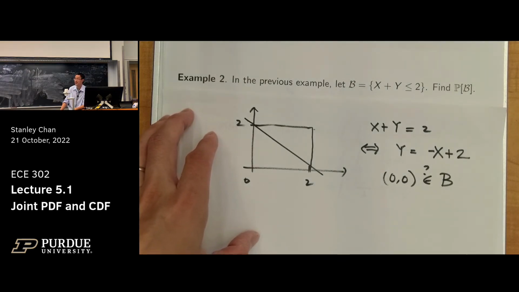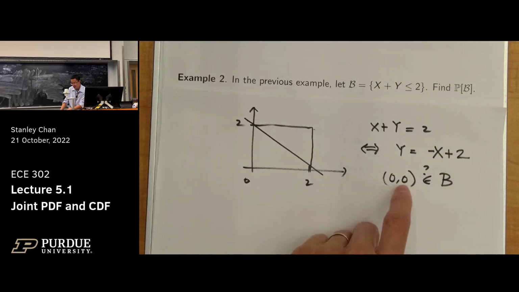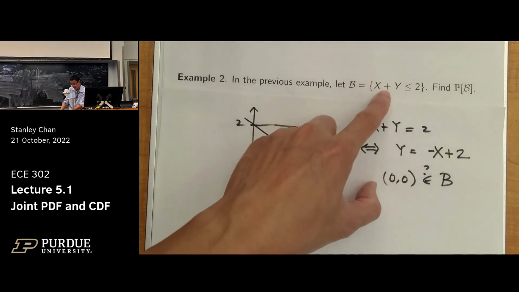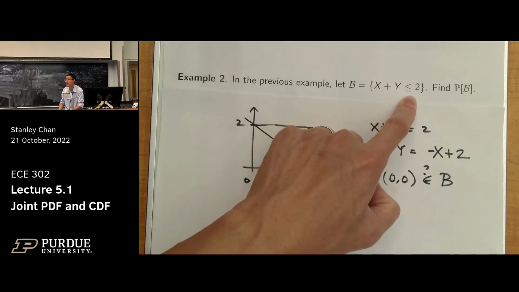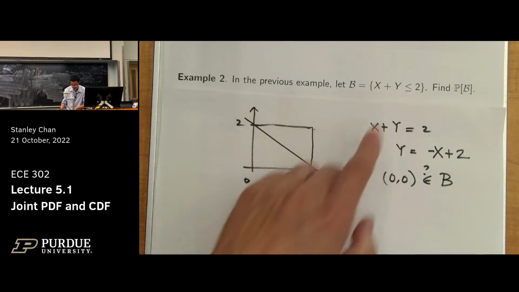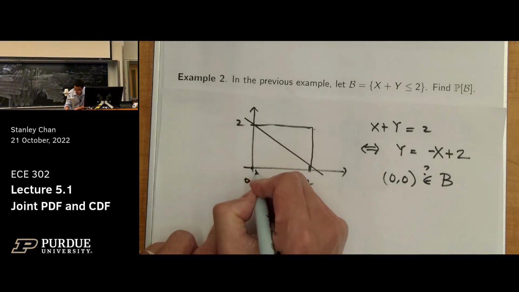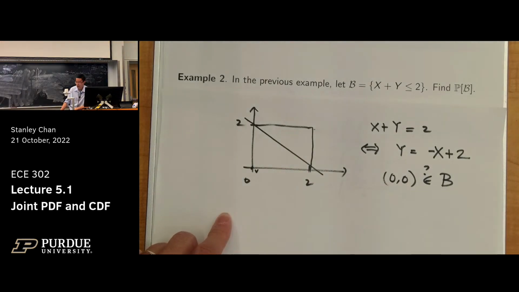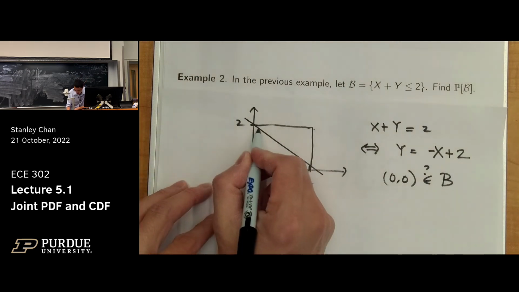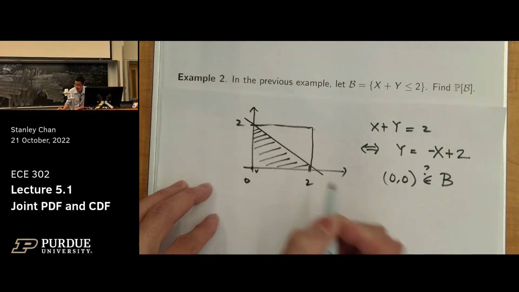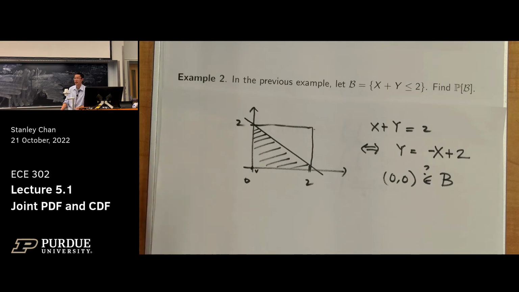It's very principled. So you put (0, 0) into the set. 0 plus 0, is it less than or equal to 2? Yes. So that means this point is included. And of course, it cannot be on the upper half. Then it has got to be the lower half. Very easy check. Just check.